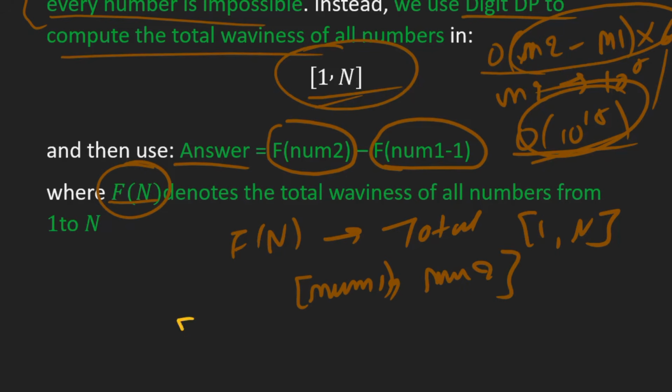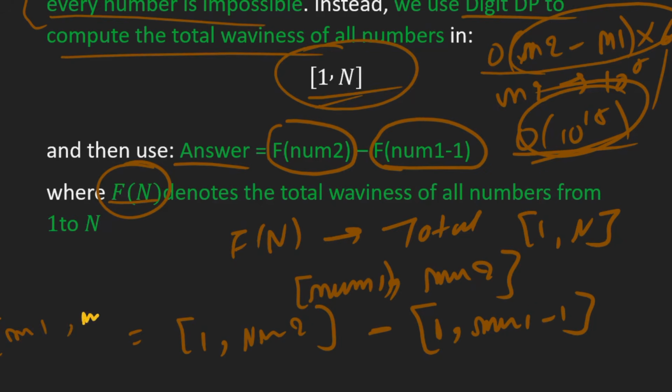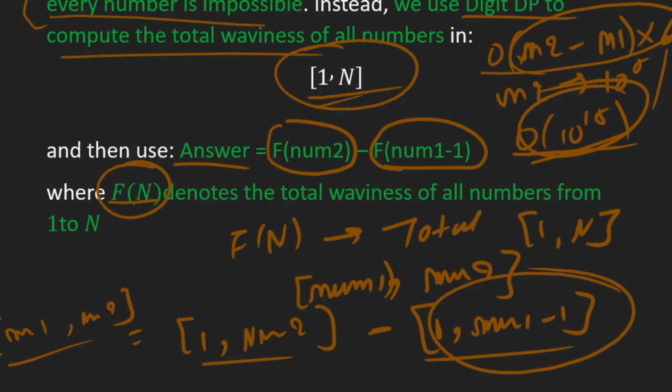So we'll find the waveness from 1 to num2, and then from that we subtract the waveness from 1 to num1 minus 1. So this is equal to the waveness from num1 to num2, right? That is 1 to num2 minus 1 to num1 minus 1, right?